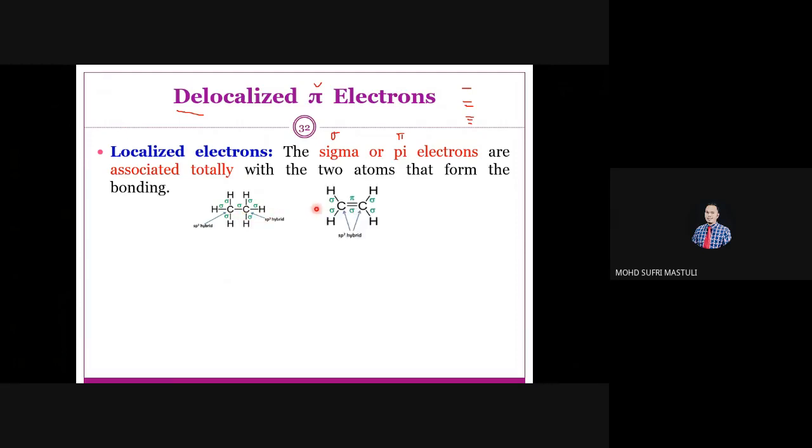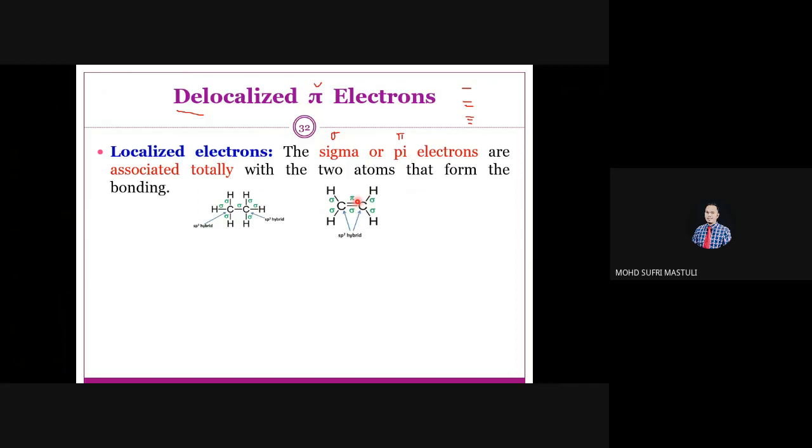We go through another example. This molecule has a double bond. The sigma component, all the sigma electrons, are totally associated between two atoms. For example, this sigma between carbon and hydrogen, and this sigma between carbon and hydrogen. This sigma in the double bond is also associated between carbon and carbon.